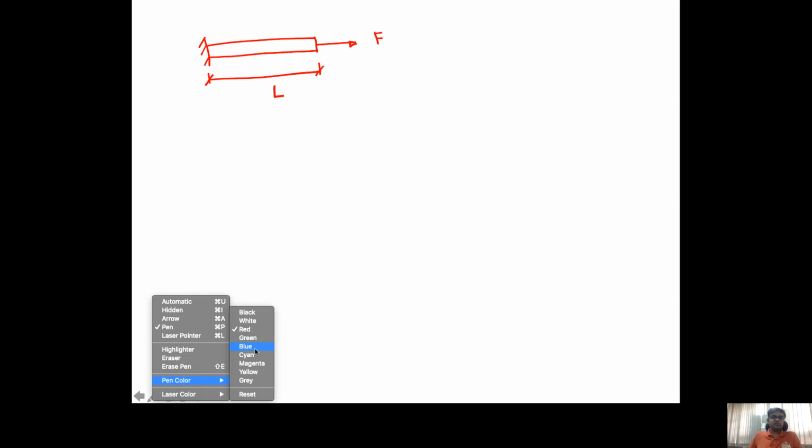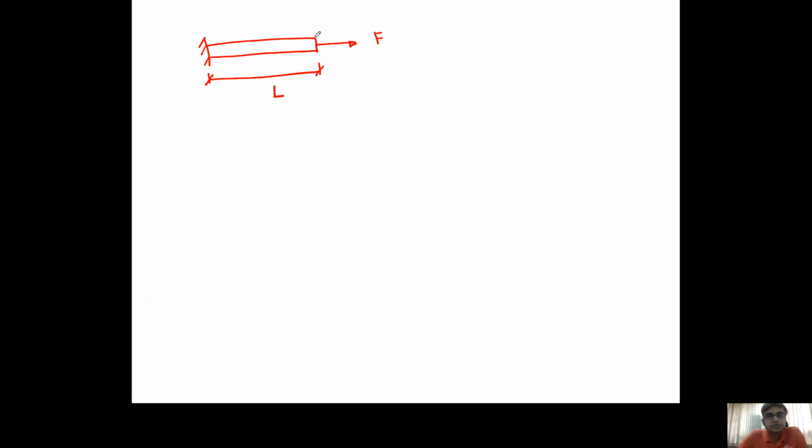Suppose we have a fixed bar, and let us say the length of this bar is capital L, and then there is an axial load acting on the body, so we can call it F, and under the action of this load, the bar elongates. So let us say this is the elongated portion.